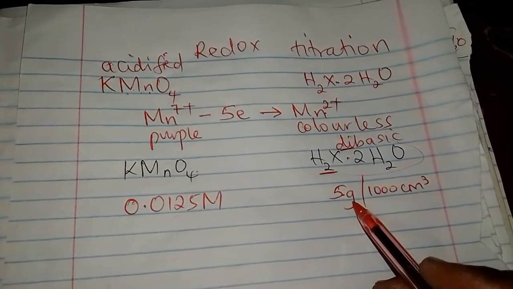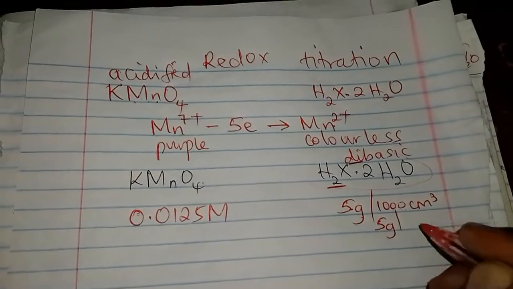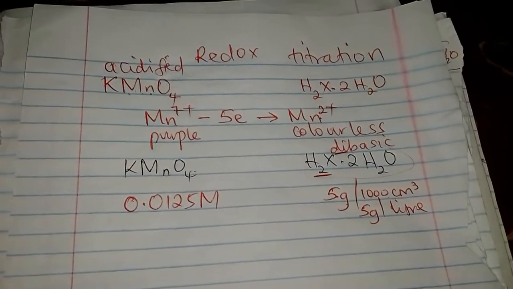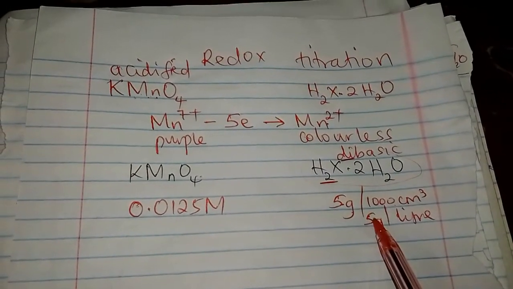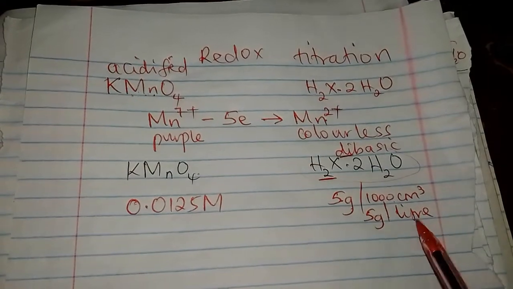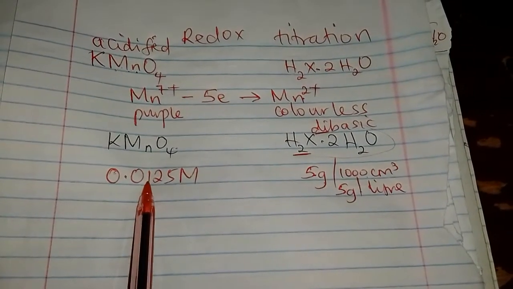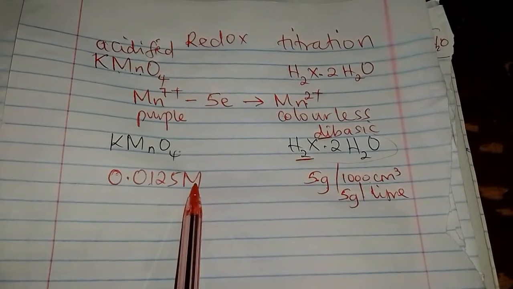So the 5 grams have been dissolved in 1000 centimeters cubed of water, or in a liter. That gives us the concentration: the amount of the solute that gets dissolved in a liter of solution. Concentration is the number of moles found in a liter, or in 1000 centimeters cubed.